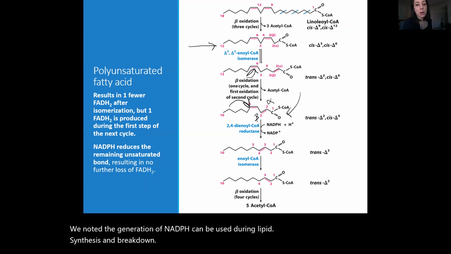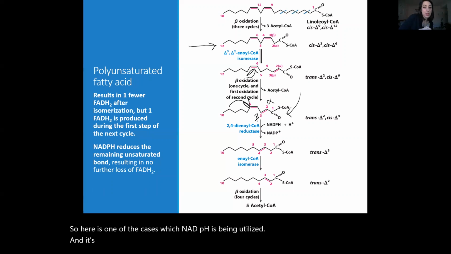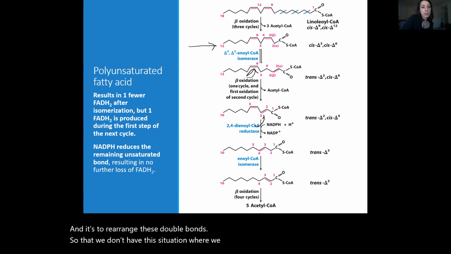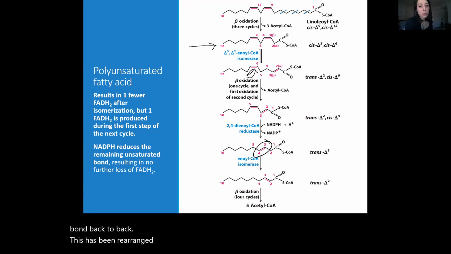So here is one of the cases in which NADPH is being utilized. And it's to rearrange these double bonds so that we don't have this situation where we have a trans double bond and this cis double bond back to back. This has been rearranged into one double bond that is now situated in the correct position, just like it was up here.